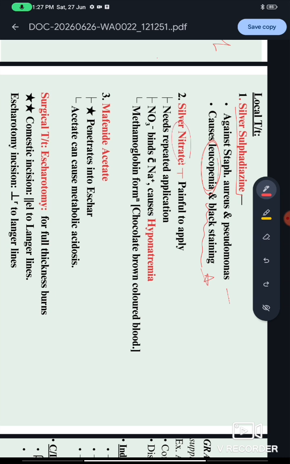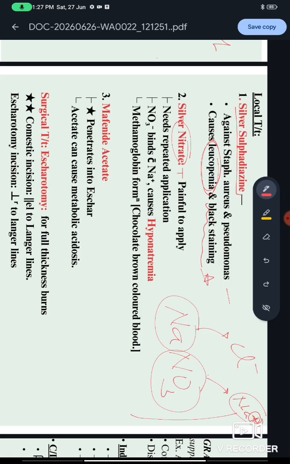And now the nitrate. So silver nitrate is AgNO3. This NO3 binds to Na plus in the body, and the silver will go and bind to the chlorine.